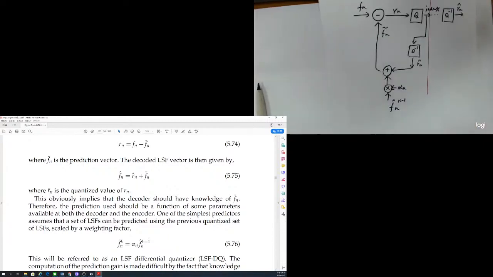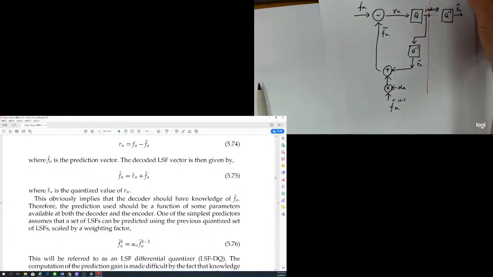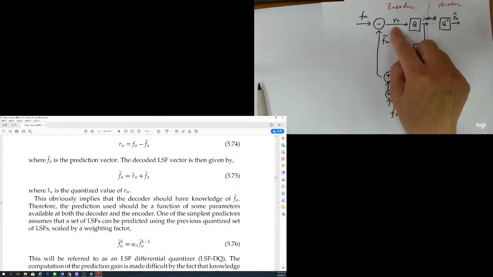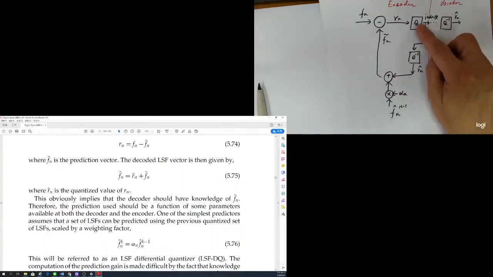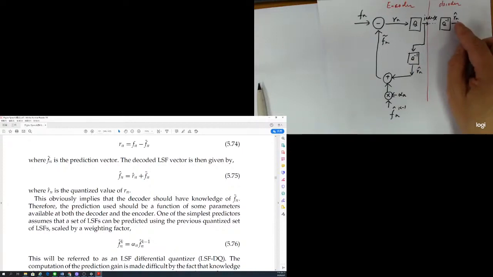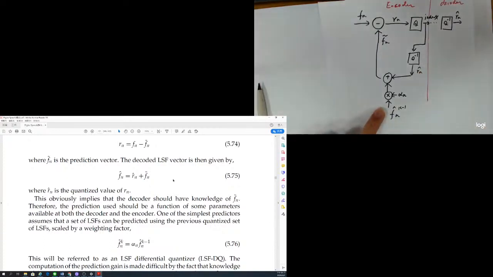During encoding, you take the input vector, do the prediction, and get the residual line spectrum frequency. You do the quantization, and the quantization tries to simulate what the decoder can get. You get this one, and you have to sum it like here.